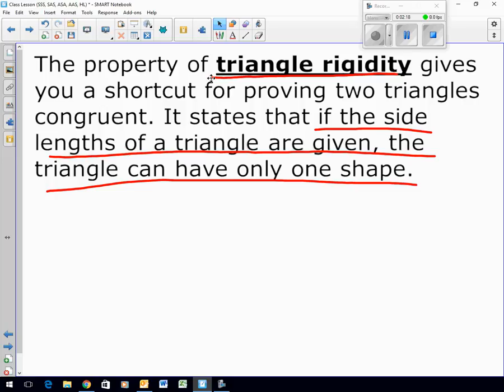If you're making a door frame and I say I want this door frame to be 4.5 feet by 10 feet all the way around, I've given you how big the door frame is going to be, correct? It's like if I give you side lengths of 10 inches, 12 inches, and 15 inches of a triangle, I've given you how big the triangle is going to be.